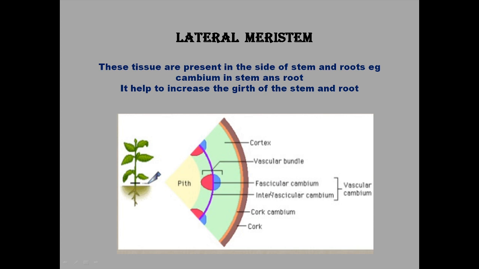So there is the vascular cambium and the formation of cork cambium. Because of this cork cambium and vascular cambium, the complete secondary growth is formed, so the vascular cambium or the cork cambium is responsible for increasing the girth of the plant.